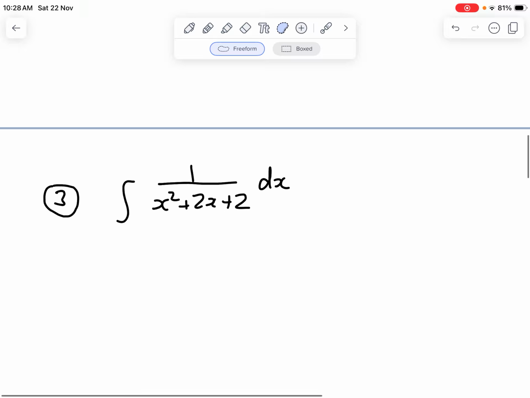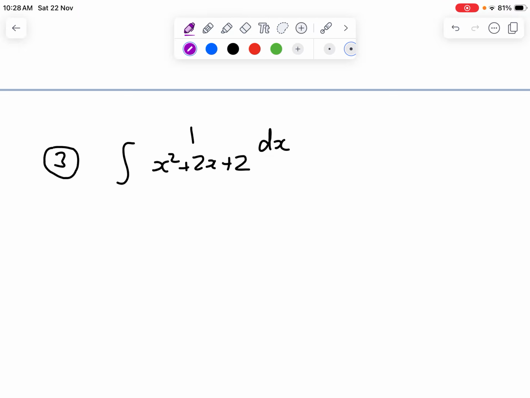So what do? In these problems, when we have a denominator that looks something like this, and obviously my video is called trig identity, so there's definitely some trig stuff in it. So what do? So in this problem, what I want to do is try to complete the square. Remember how to complete the square.